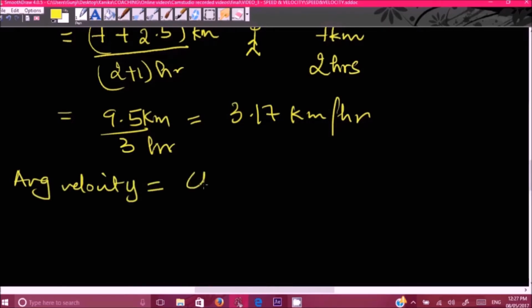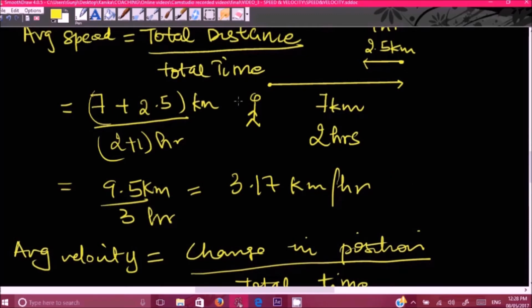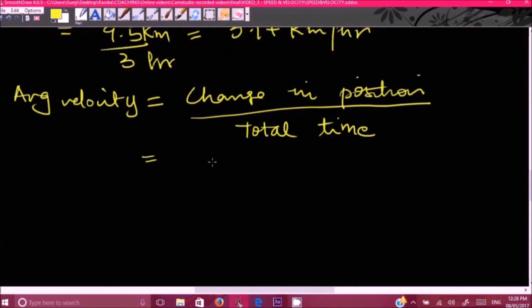The formula is change in position by total time. Let's see the change in position through diagram. This is the final position of Andrews. Change in position between final and initial is this gap, which is 7 minus 2.5 kilometers.